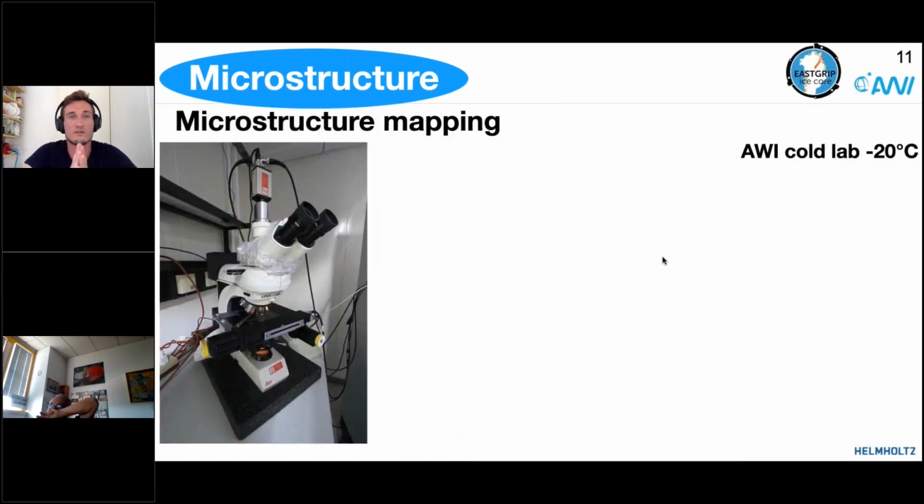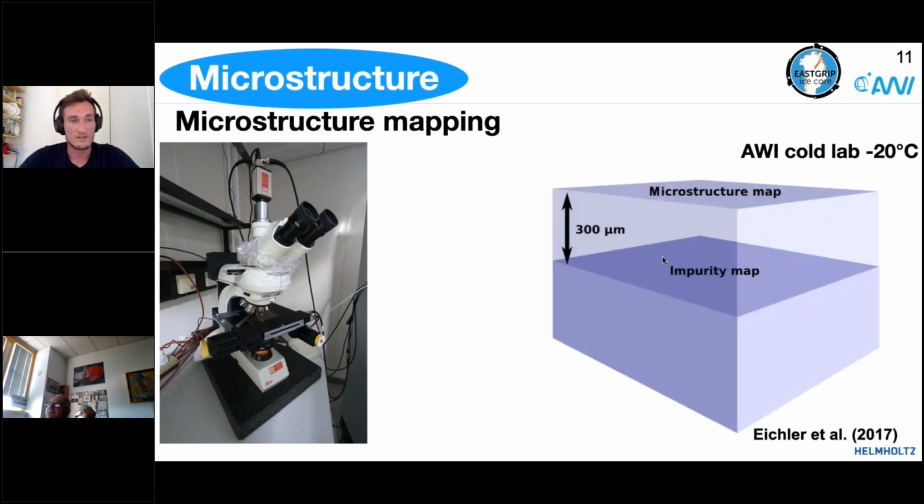Okay, so how do we get to the impurities and to Raman spectroscopy now? So back at AWI, we took our samples, which we have been analyzing on the physical properties already, and did microstructure mapping. So on the left, you can see one of our little ice labs in Bremerhaven in northern Germany at -20, and we did microstructure mapping.